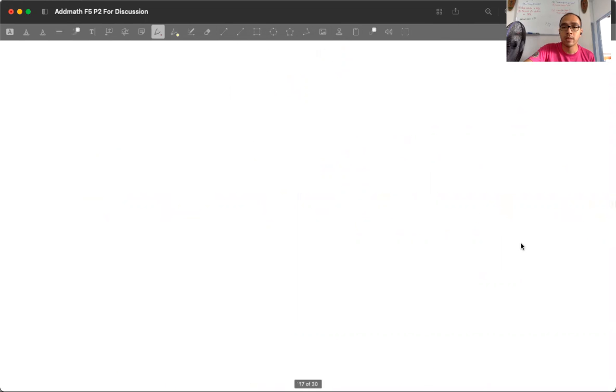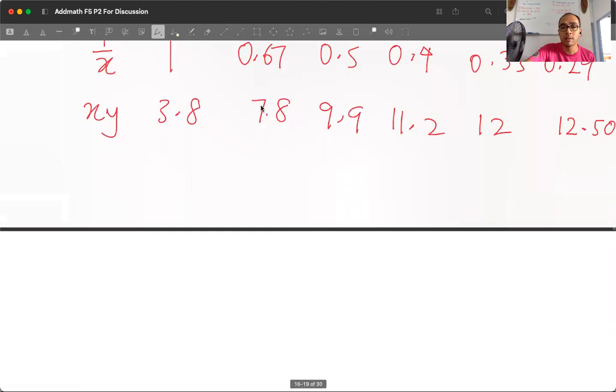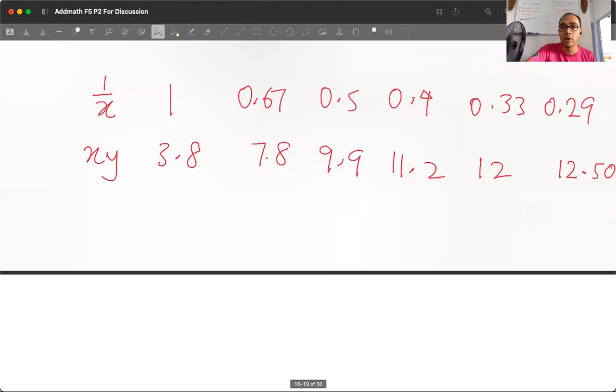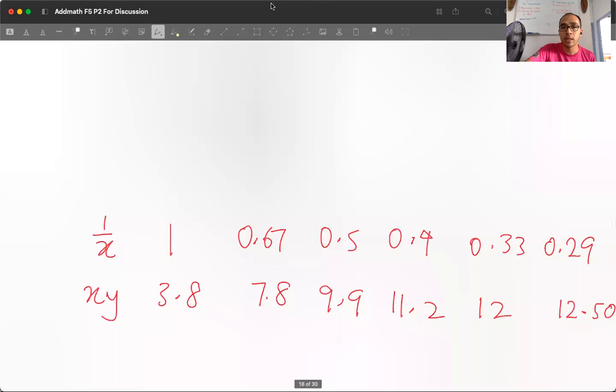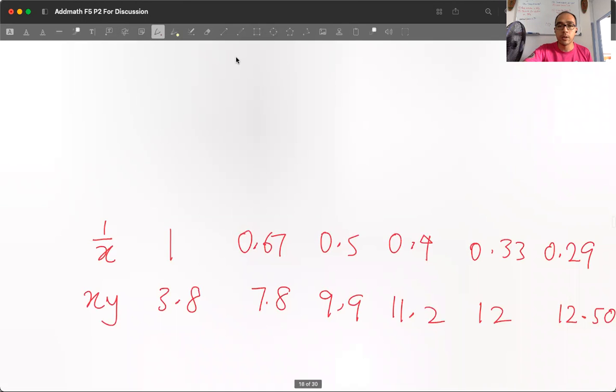Because I just realized that in my marking scheme, everything here is one decimal place, and here there is no decimal place. So I'm wondering whether in the calculation there are decimal places or not. 0.67 becomes 0.7. My xy is 12.49. 12.49 is wrong because the answer is 12.495.